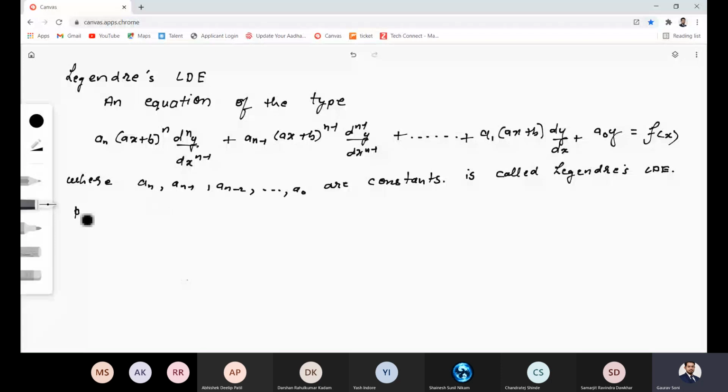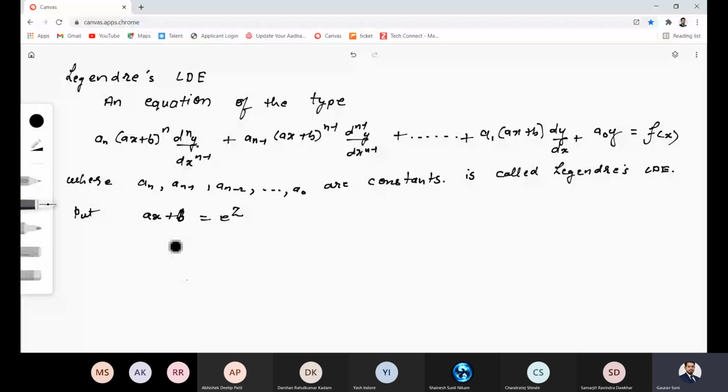What is the idea? There you were substituting x. Here I will substitute ax plus b as e raised to z. Again, one and the same thing. Substitution is same in both Cauchy's and Legendre's linear differential equation. Now, differentiate this with respect to y. So we'll have a into dx upon dy is equal to e to the power z dz upon dy.